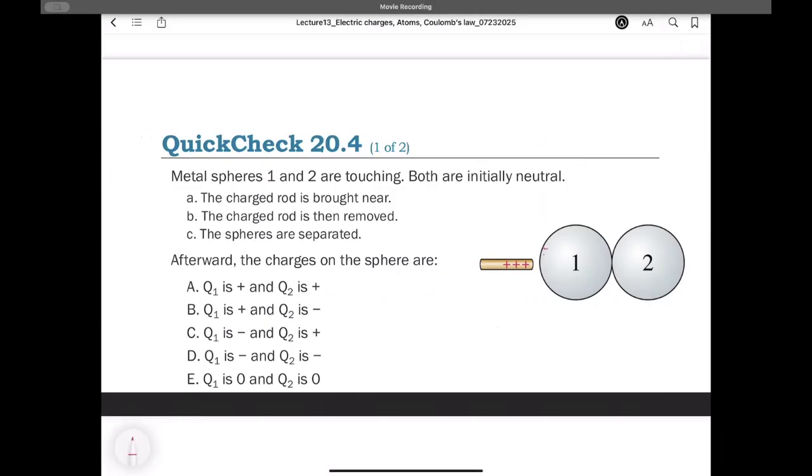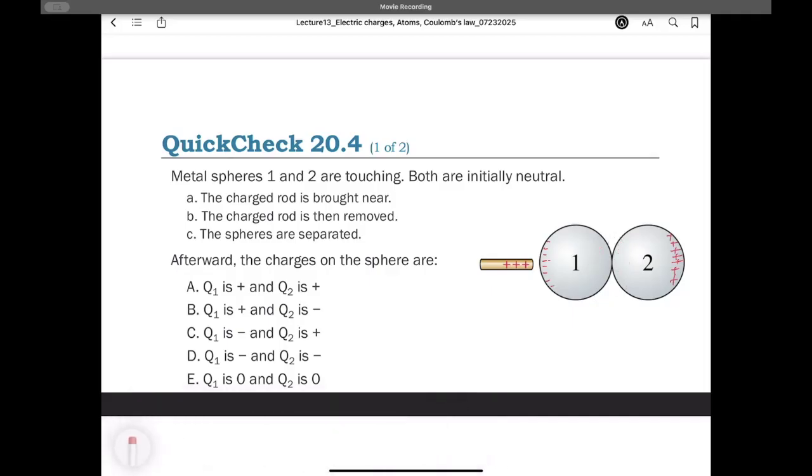The negative charge will be here, and the positive charge will be here. Am I right? So the similar thing, the negative charge will be here, the positive charge will be here. And because the metal sphere is a conductor, as time passes, all the negative charge will be here, and the positive charge will be here. Does it make sense to you?